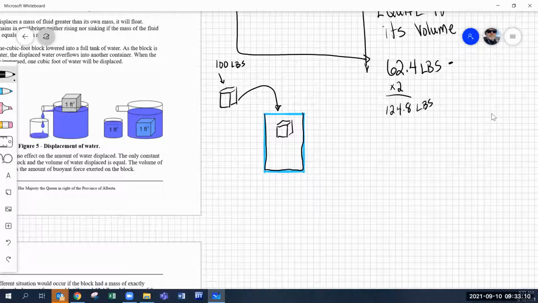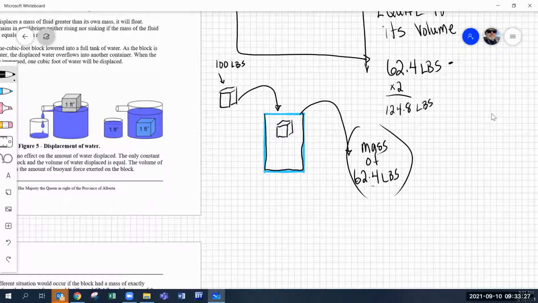And I'm going to say that the mass of water it displaces is 62.4 pounds. So I can determine by this that this object is 62.4 pounds while it's submersed in water. I can actually divide it by 62.4 pounds per cubic foot, and this object would be 1 cubic foot.